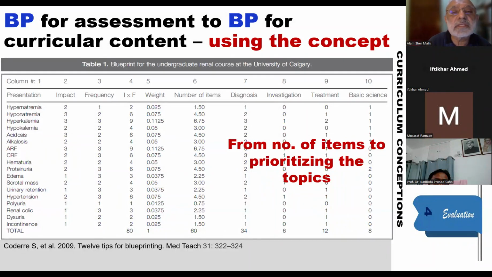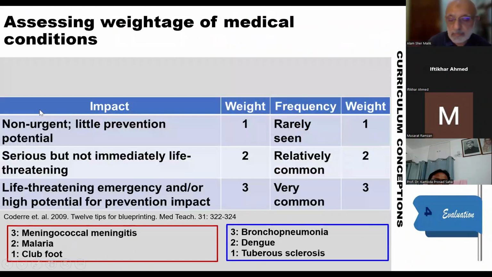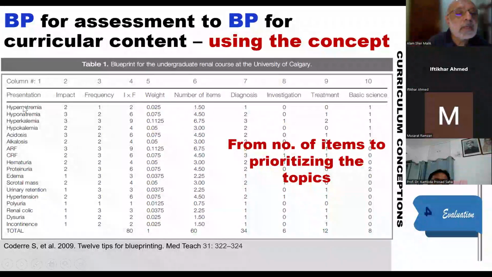Now here, this is the blueprint for undergraduate renal course, University of Calgary. Let's say here are the presentations or topics. So we just take one example here. For example, hypernatremia.